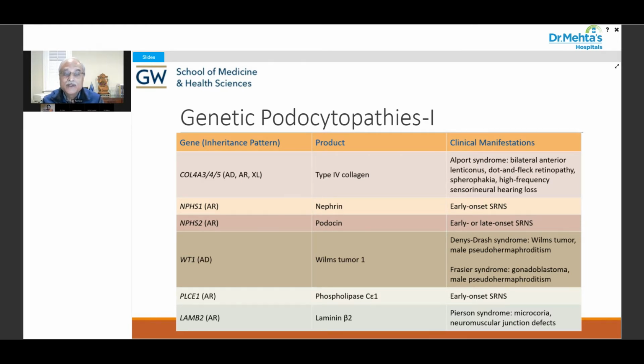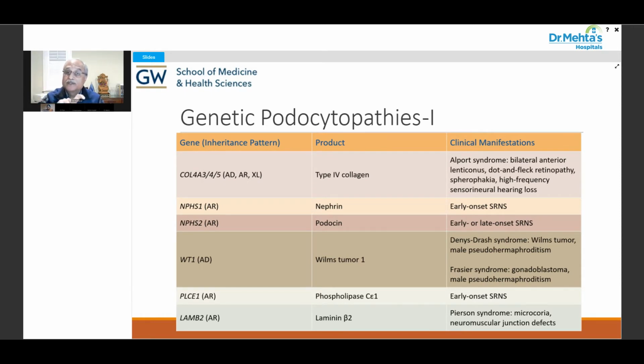Now, why do we call this collagen defect a podocytopathy? It's simply because it is this collagen that is actually renewed by the podocytes. It's manufactured by podocytes, and the switch from the juvenile variant to the adult variant.